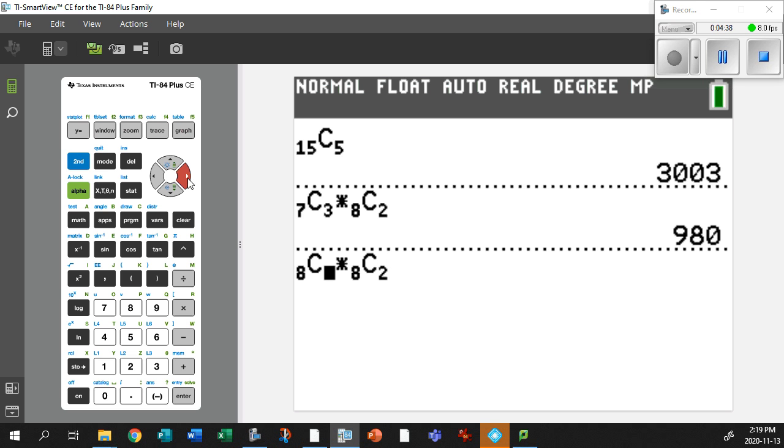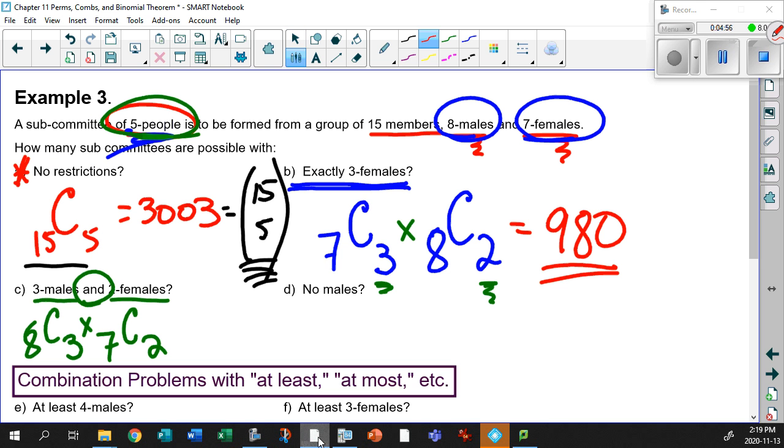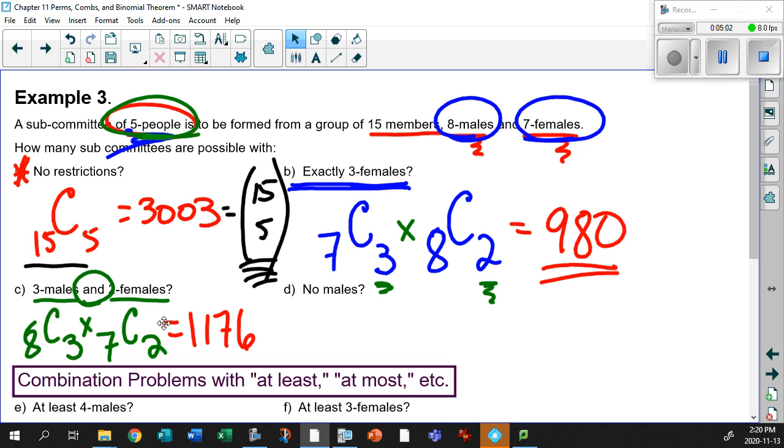And my second arrangement is going to be 7 females, choose 2 of them. Perfect. Look at that. Saves you a little bit of time and a little bit of agony trying to go out and find those values all the time on your calculator. Hit enter. Boom. I got 1,176. Beautiful.